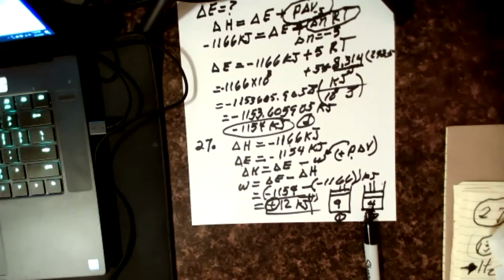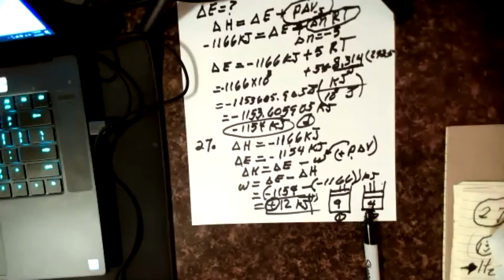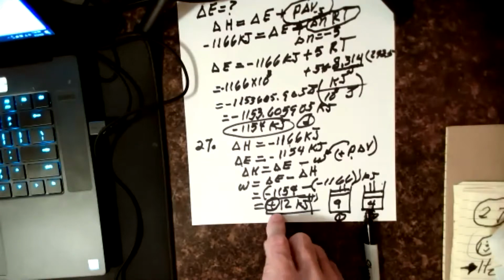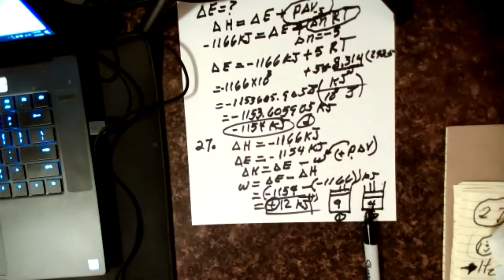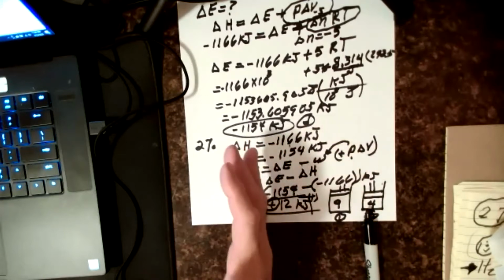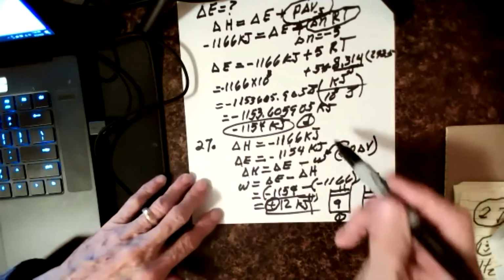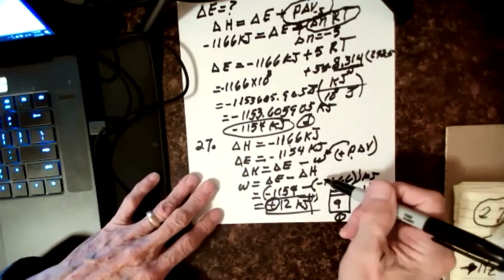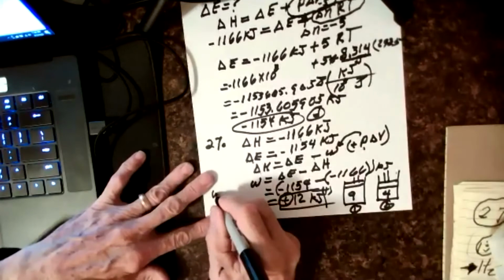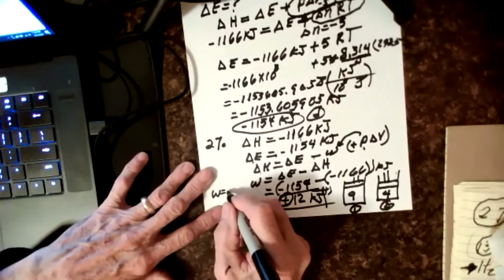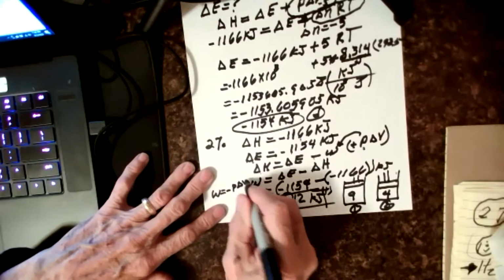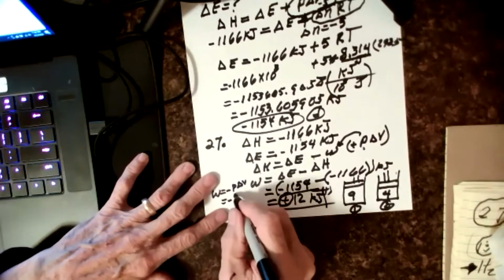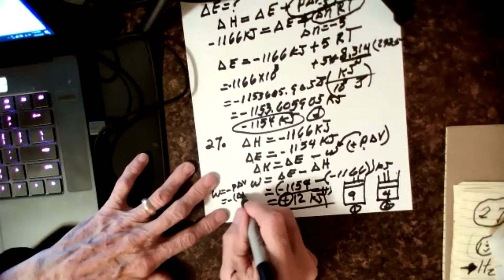Okay? And if I had come out with joules here when both delta E and delta H were kilojoules, I'd think something's wrong. And now there is another way to work this, of course. You can go back to this expression. You're still watching me. Work is minus P delta V. And so that's a minus delta n RT.